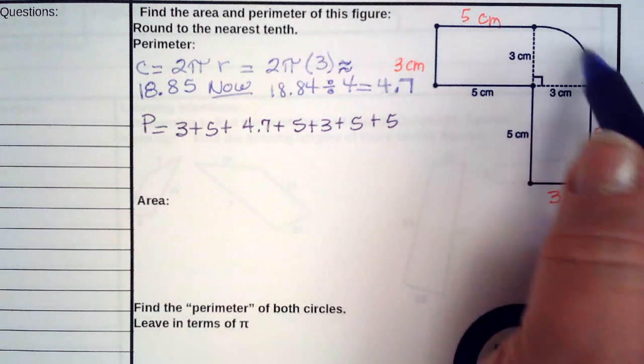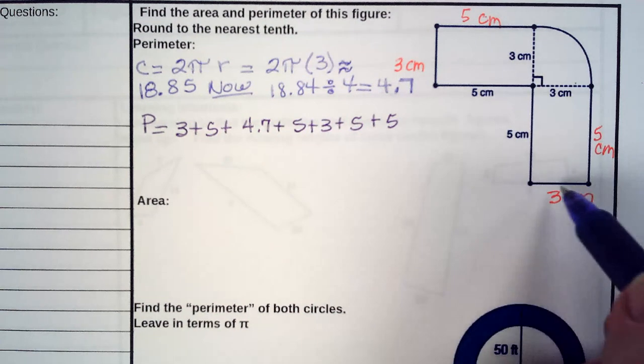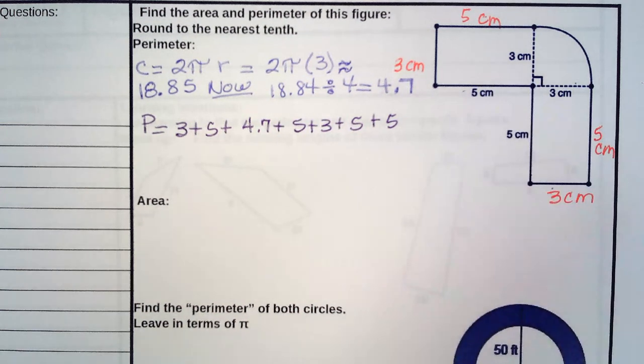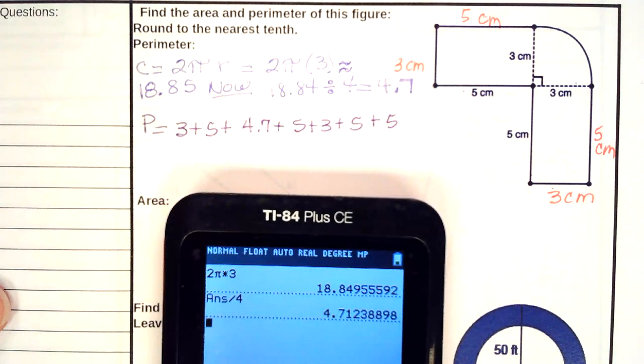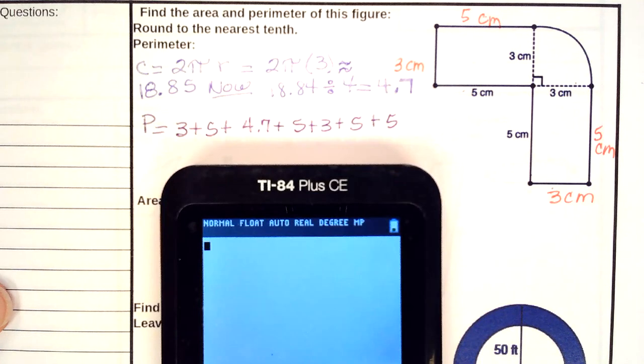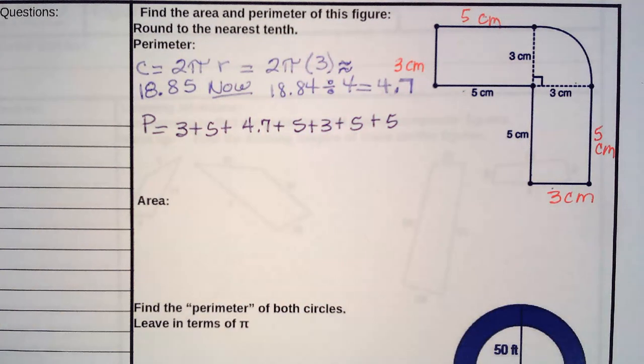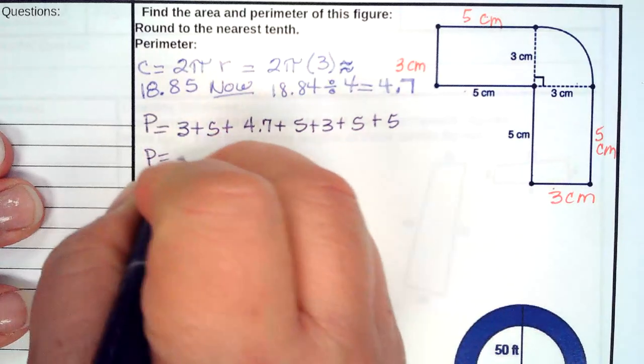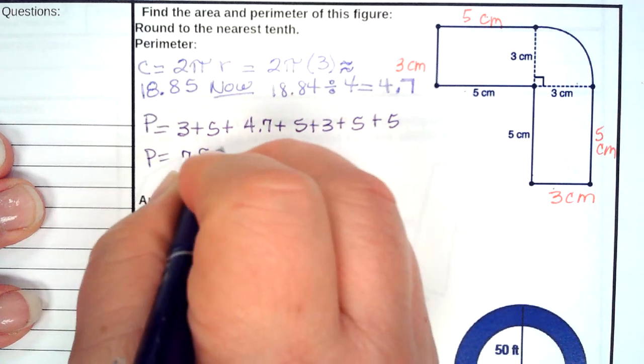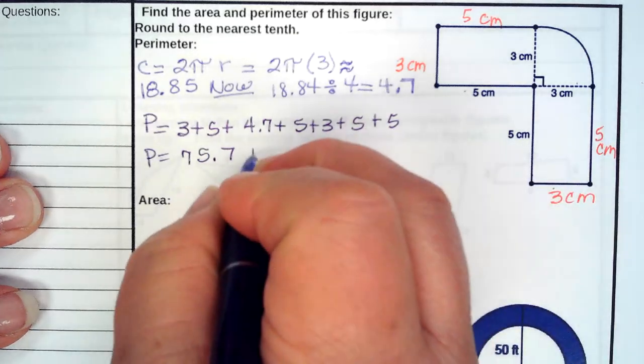Three, 5, circumference, 5, 3, 5, 5. Three plus 5 plus 4.7 plus 5 plus 3 plus 5 is 75.7. And that would be centimeters.